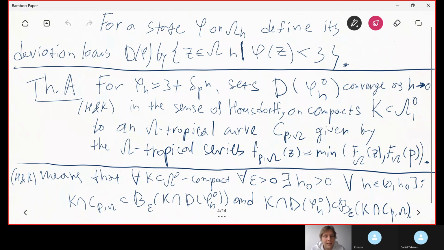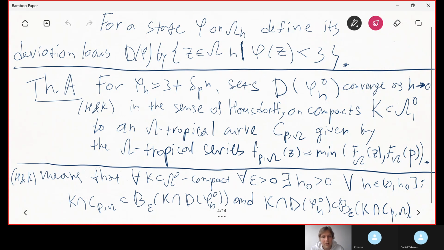So for any compact in the interior, and it is important that it's in the interior, it doesn't touch the boundary, and for any epsilon, there is some H0 such that for all H smaller than H0, the distance from the intersection of this tropical curve with the compact is less than epsilon from the intersection of this compact with the deviation locus. Okay, so that's the precise formulation of the theorem.